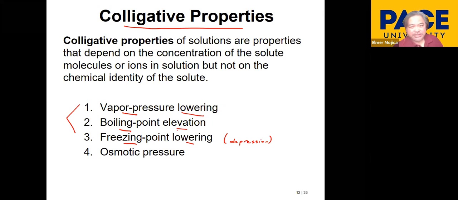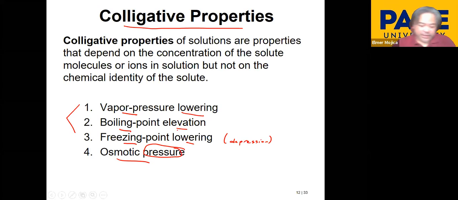The only odd one here is osmotic pressure, but we can get that property from the pressure. We're going to discuss each of them one by one today, on how the amount of solute dictates these so-called colligative properties.